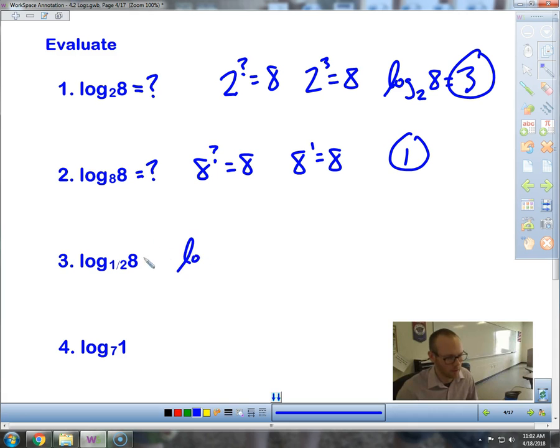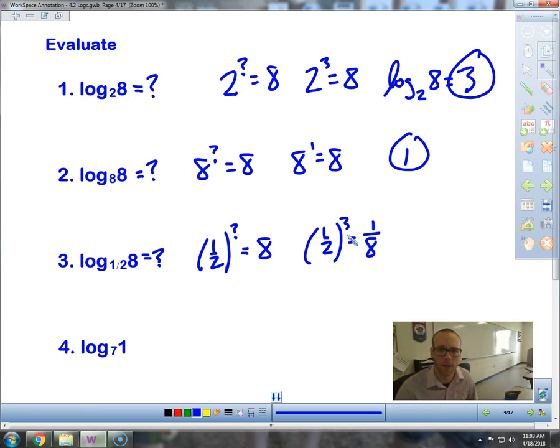Let's see here. Log base 1/2 of 8. 1/2 to the what power equals 8? Well, I know that 1/2 to the 3rd would equal 1/8. What do I do with that fraction? I need to flip it, don't I? What in an exponent is going to flip the fraction?